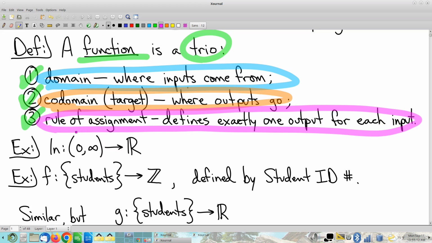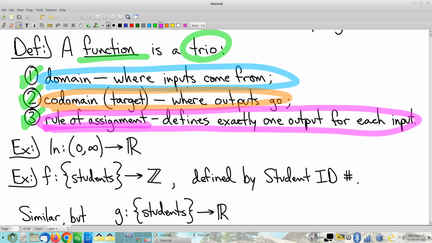To avoid any suggestion that it has to be written down algebraically, we don't call it the formula in practice, or not strictly anyway. We call it the rule of assignment. Very often a formula.